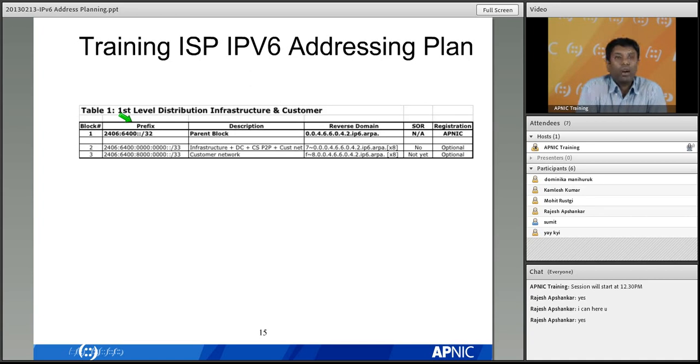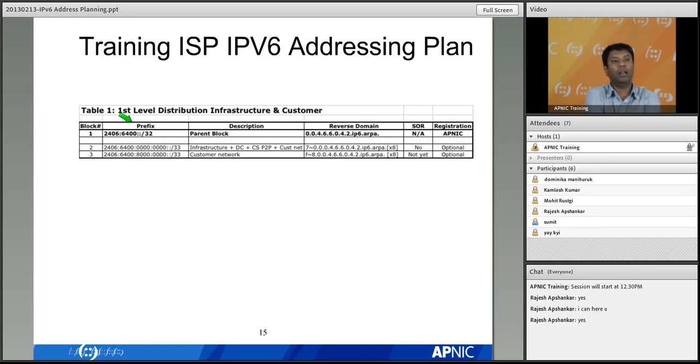So for block one, when you distribute or do the plan, as we saw, we have two equally divided parts: a /33 for the infrastructure and a /33 for the customer. Did you see that? We create two subnets. Block 2 and block 3 are the new blocks.